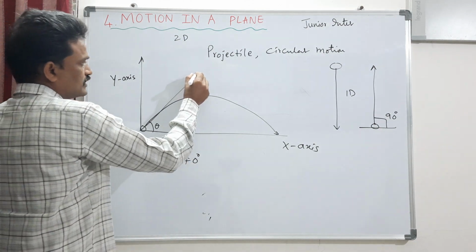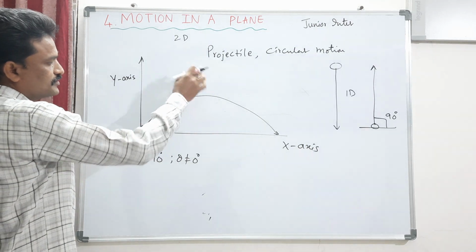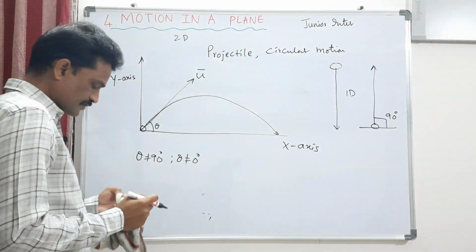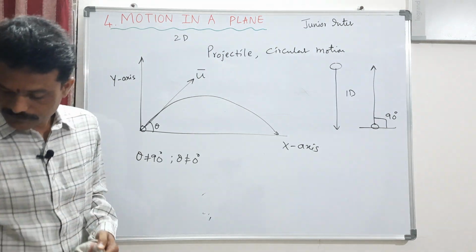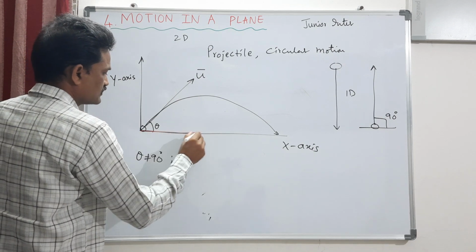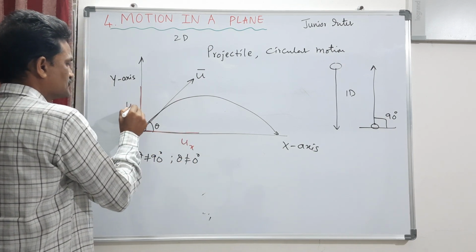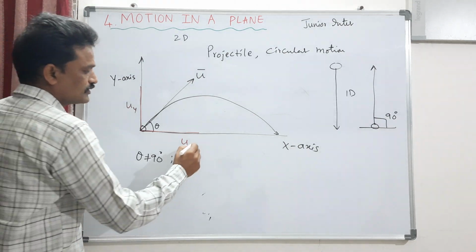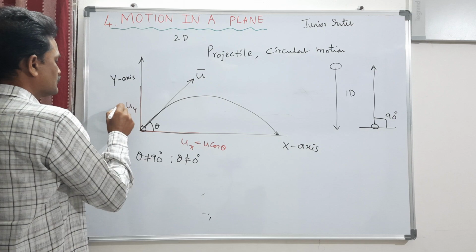If the initial speed of the projectile is u, I can resolve u into two components. One is along the x-axis, the other one is along the y-axis. So the component along the x-axis is this one, this is ux, and along this one is uy. We know that ux is equal to u cos theta and uy is equal to u sin theta.